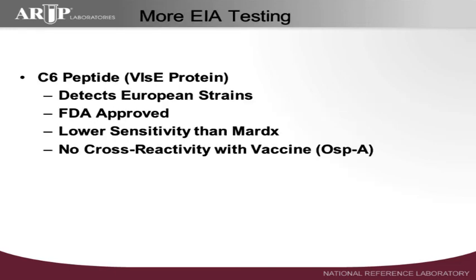C6 peptide is another ELISA that we've been doing for a few years that really hasn't caught on that well, but it does detect the European strains. It's also FDA approved. It has a little bit lower sensitivity and no cross-reactivity with the vaccine OspA. Who knew that there was a vaccine for Lyme disease? You probably haven't heard of it because it's not been available since 2006, I want to say.